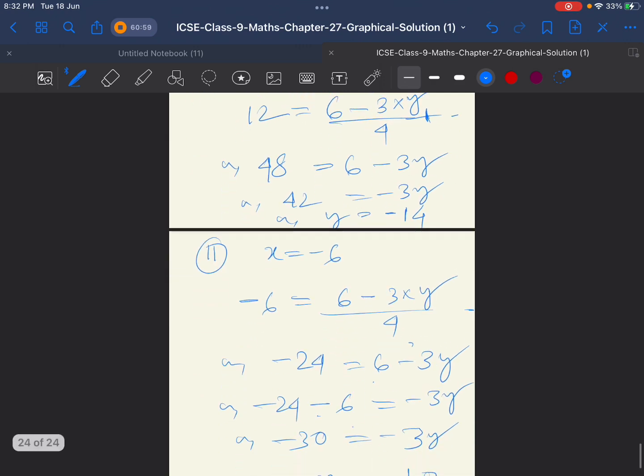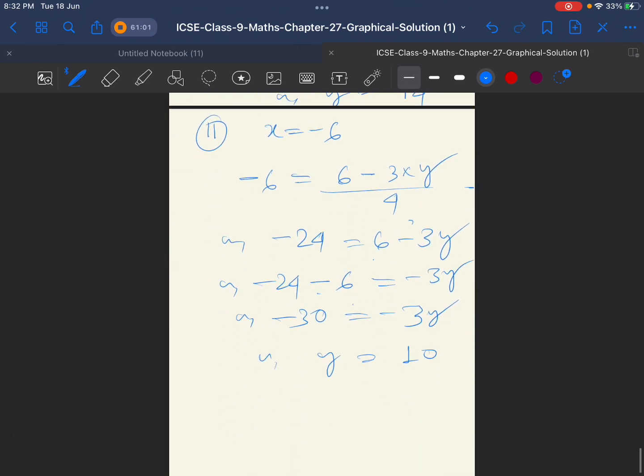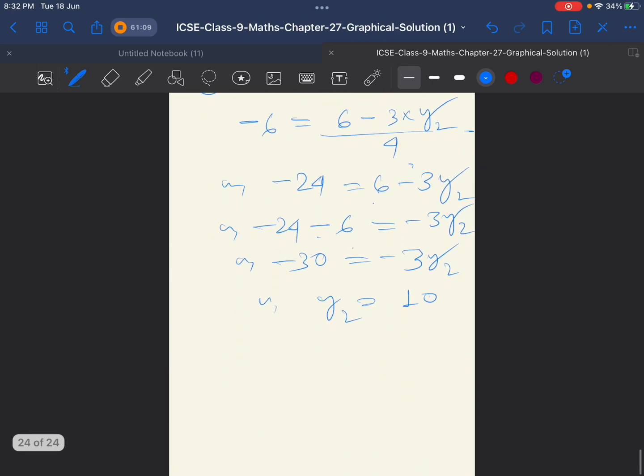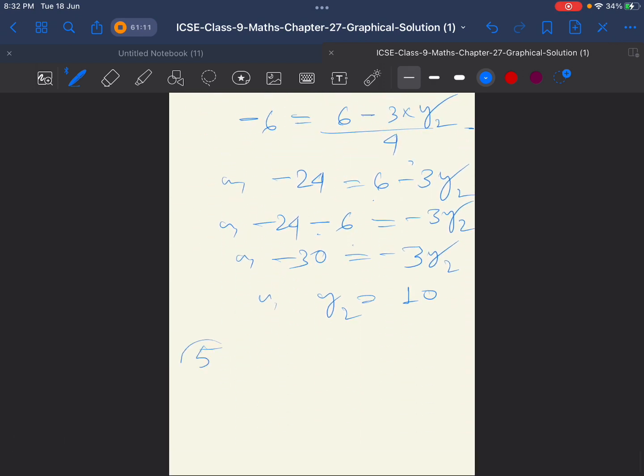So when x equals 12, the value of y1 will be minus 14. When x equals minus 6, the value of y2 is 10. Okay, now question number 5.